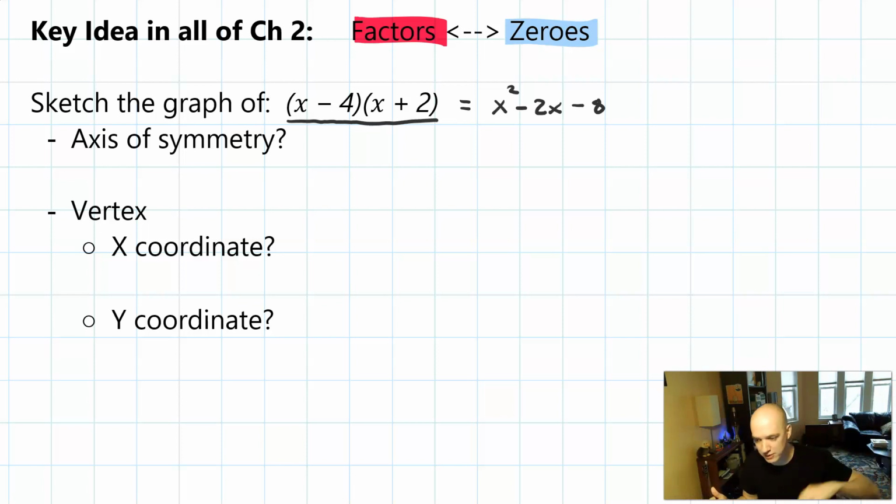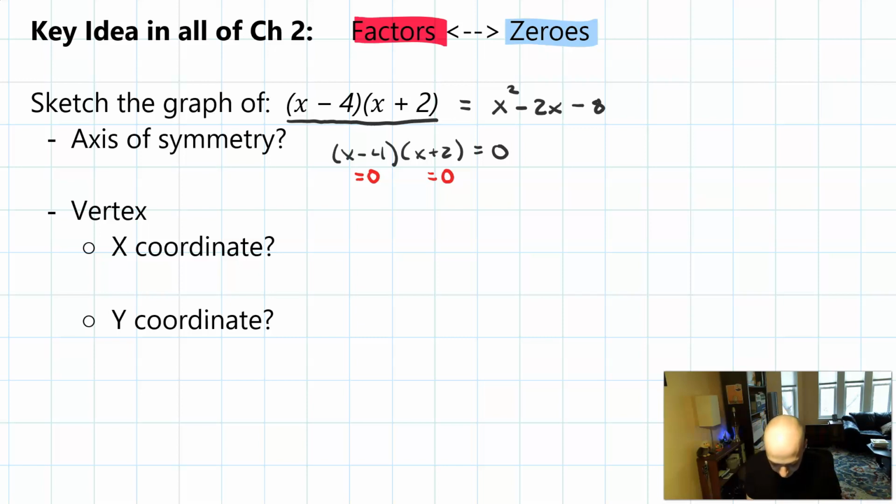Like all those weird functions we just looked at, your first step is almost always going to be attempting to factor those out. So if you are trying to solve x minus 4 times x plus 2 equal to 0, well, there's two options. This is called the zero product property. Either x minus 4 is equal to 0, or x plus 2 is equal to 0, right? That's the only way you can multiply two things and get 0.